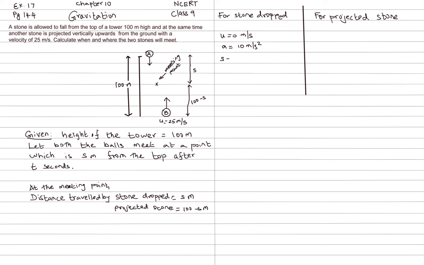So we know the second equation of motion, s equals ut plus half at square. u is equal to 0, so let us substitute 10 for a. Then 10 by 2 t square, which is equal to 5t square. For the projectile stone, a is equal to minus 10 meters per second squared, because the ball is traveling in the upward direction and the acceleration due to gravity is acting in the downward direction.